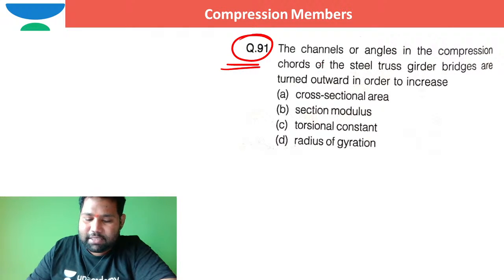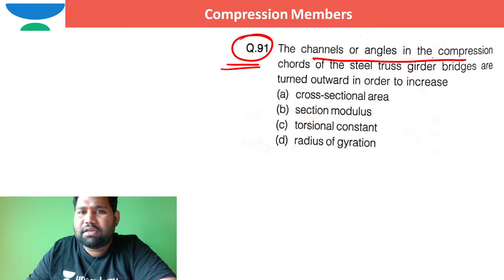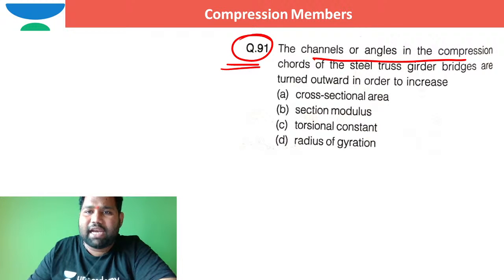The channels or angles in the compression chords of steel truss girder bridges are turned outward.